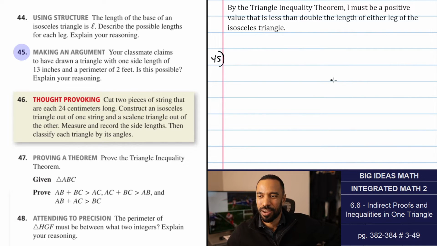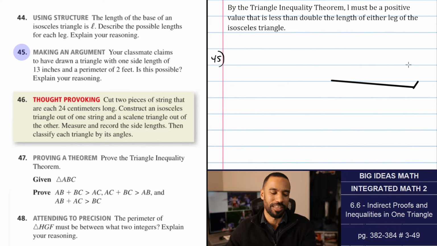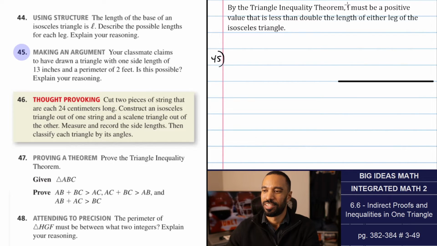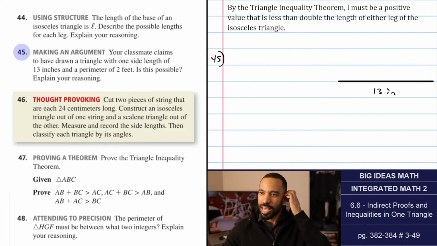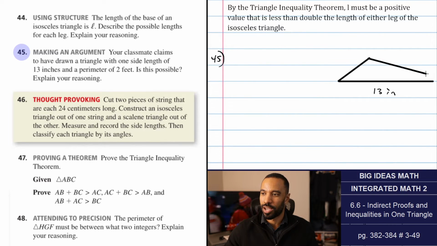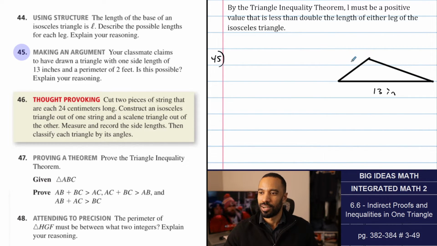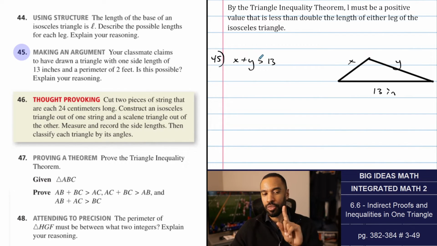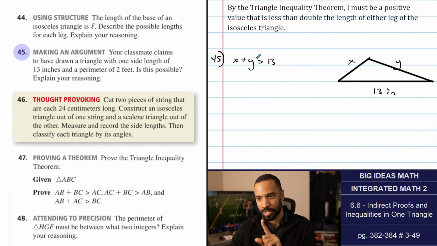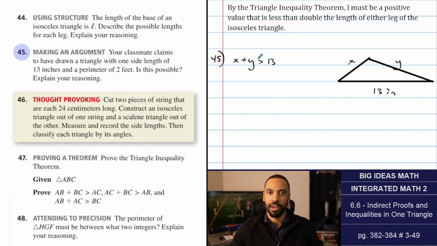Oh, sorry about that. All right, let's have a side length that is 13 inches. And then you have some X and some Y. X plus Y has to be greater than 13, because 13 would be the longest side, since the entire triangle has a perimeter of 2 feet.